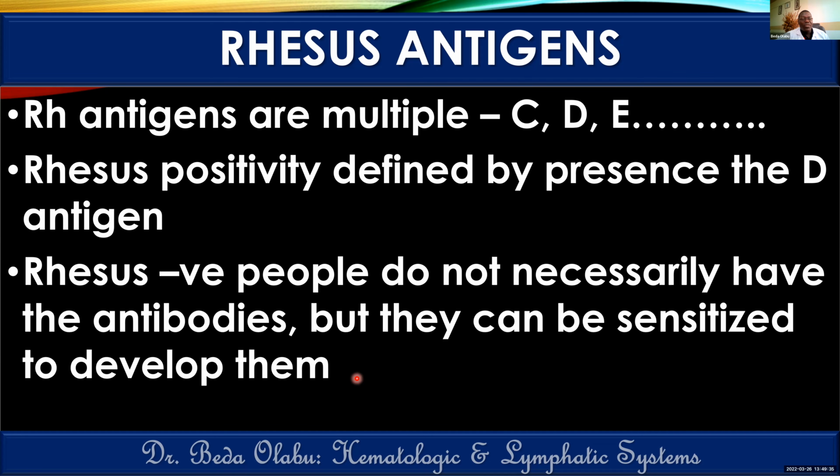But we know that around the time of delivery, there could be some mixing of blood. And that is the one that is going to cause sensitization. So that at the time of delivery or around the time of delivery, the woman may be sensitized. If this woman is sensitized, she'll develop antibodies against the D antigen. Now think about the subsequent pregnancy. What happens?